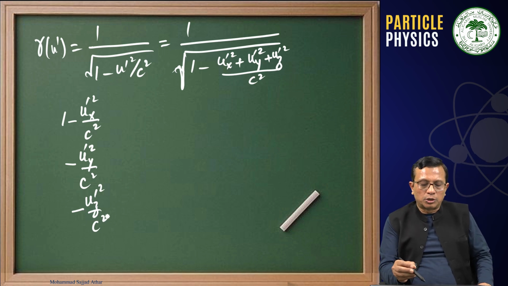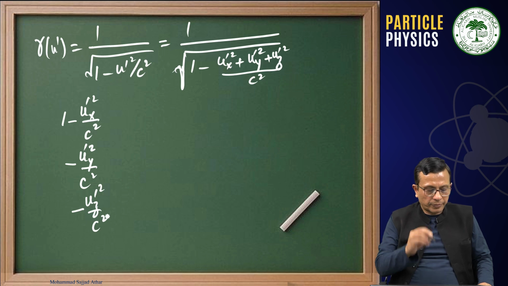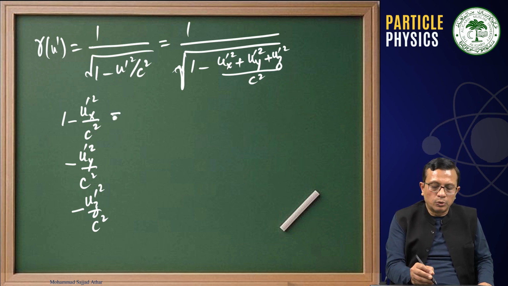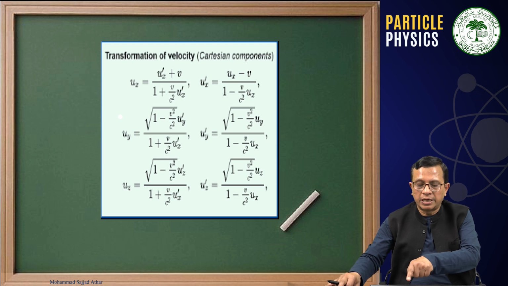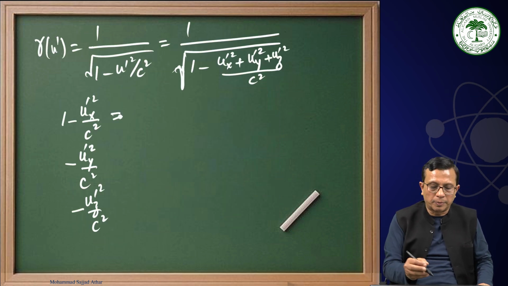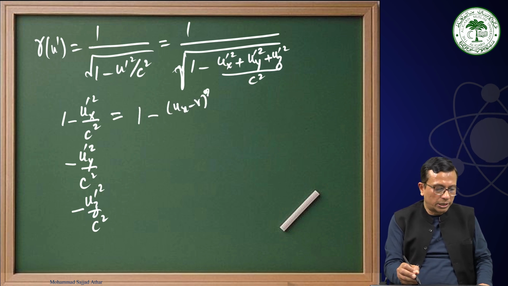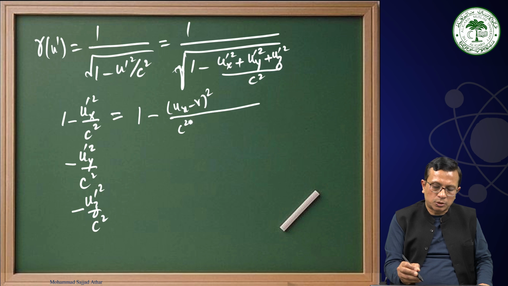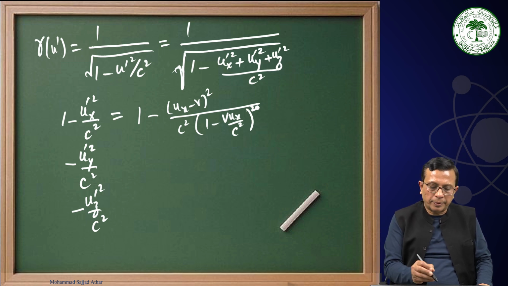Then I will be able to evaluate the quantities in the bracket. Now you see ux prime, we know from here, is ux minus v upon 1 minus v ux by c square. Therefore, I am going to put back here 1 minus ux minus v whole square upon c square times 1 minus v ux by c square whole square.